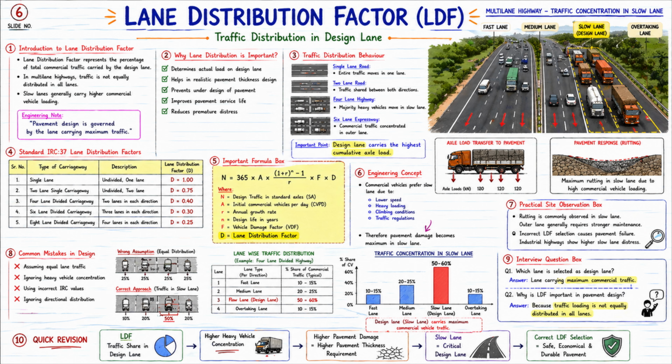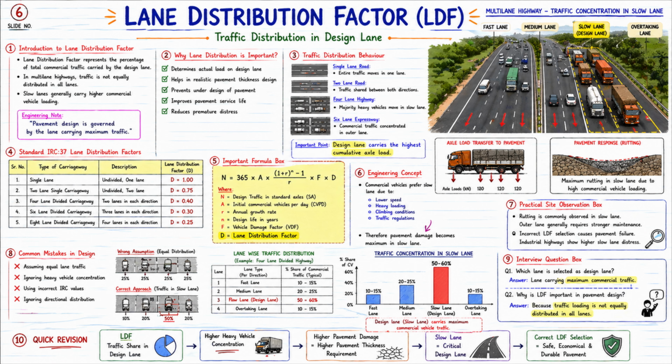Six-lane expressway. Commercial traffic gets concentrated in the outer lane. Now see the important points below. The design lane carries the highest cumulative axle load. And this is the IRC's design philosophy. Now look at the right side highway image. Clearly visible here, heavy trucks are running in the slow lane. The fast lane carries comparatively lighter traffic. And that's why.